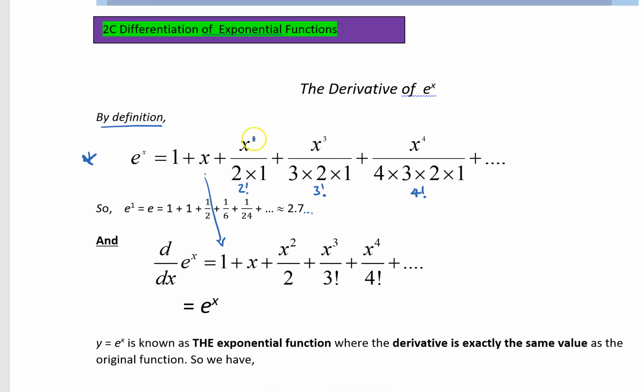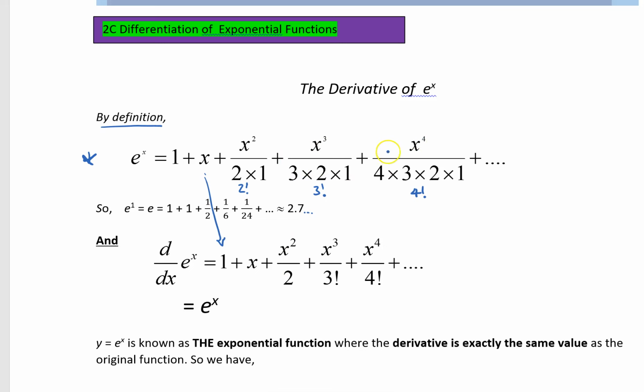The derivative of this term: bring the 2 to the front, subtract 1 from the index, and you'll find your 2s cancel out and you just get x to the power 1. Then for this one, bring 3 to the front and you'll have x squared, and then the 3 will cancel and you'll just have x squared over 2.